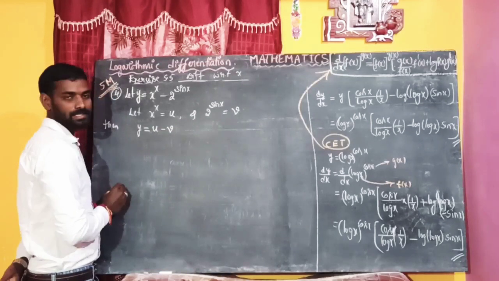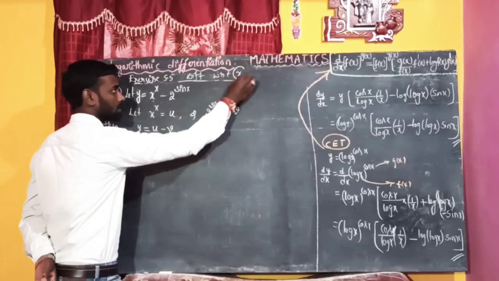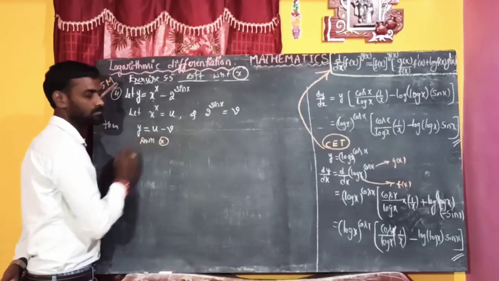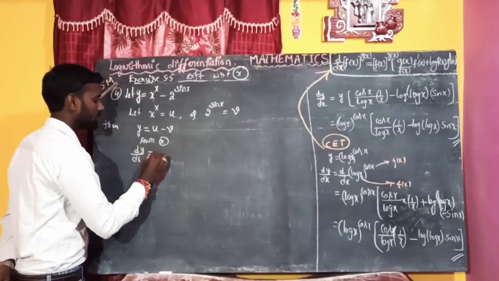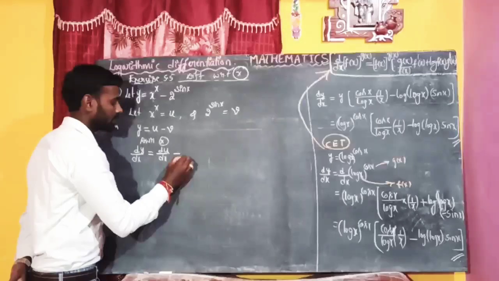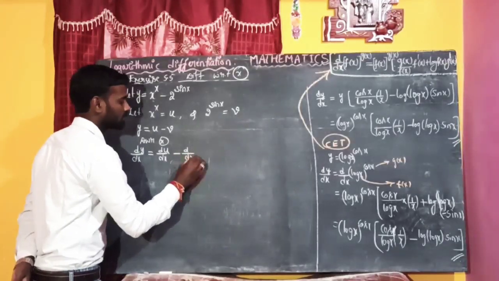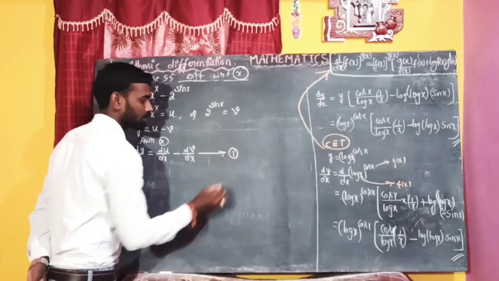Now differentiate this function with respect to x. Now d by dx of y is equal to d by dx of u minus d by dx of v. Call this equation number 1.